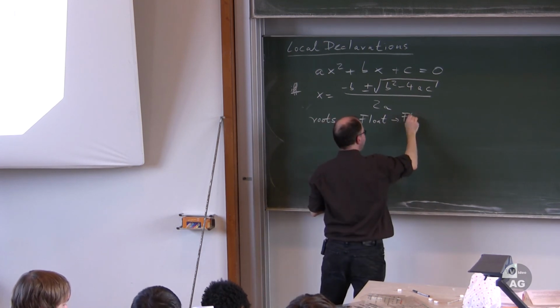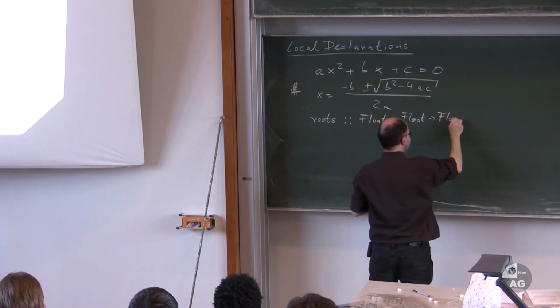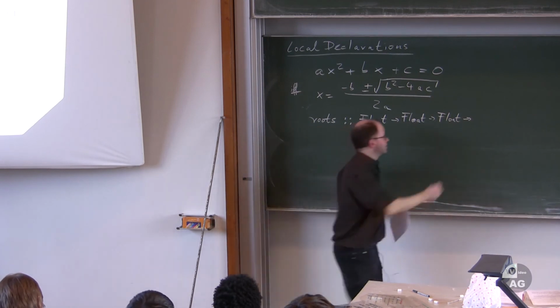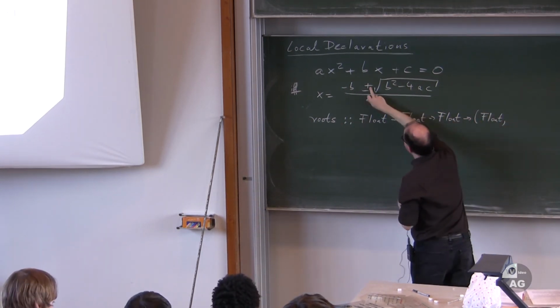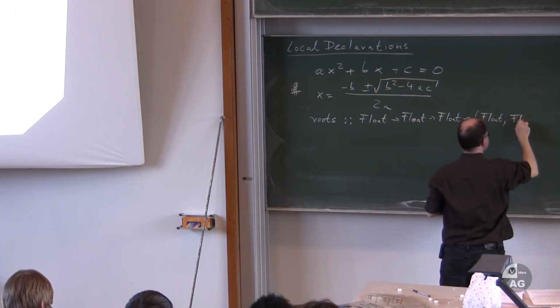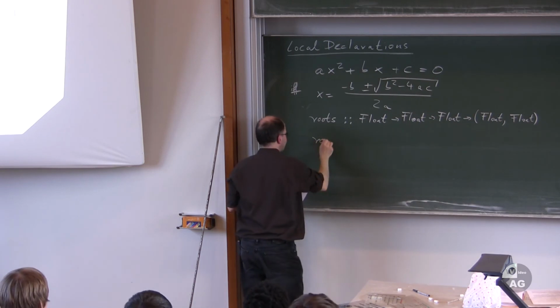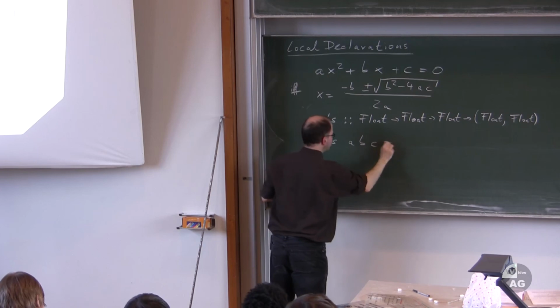So this is the value for a, for b, and for c. And since there can be two solutions, the result is a pair of the two solutions, depending on whether I take plus or minus here. And what is the function declaration? Roots a, b, c.